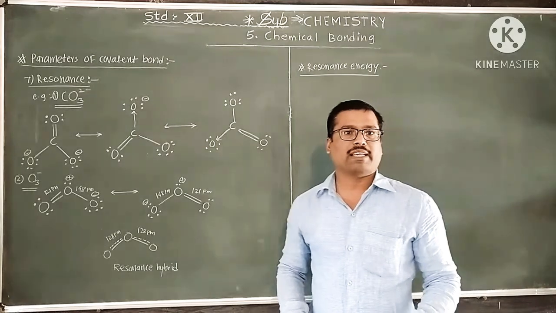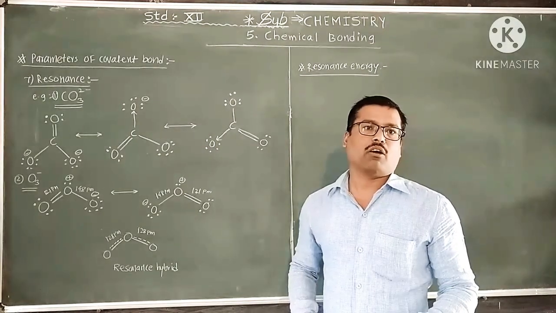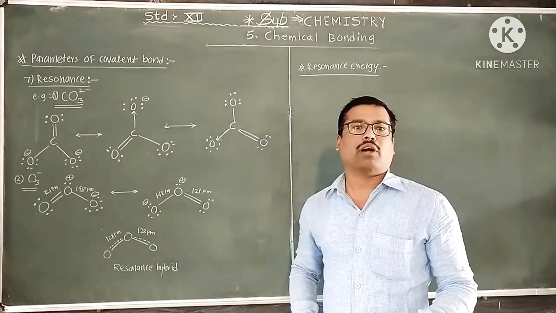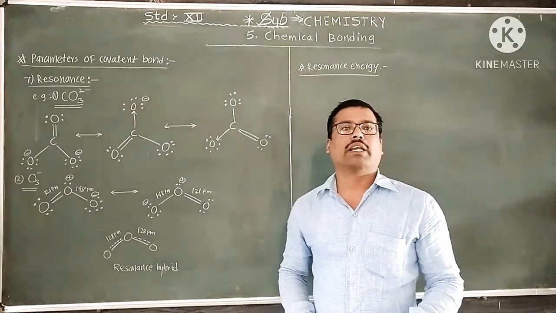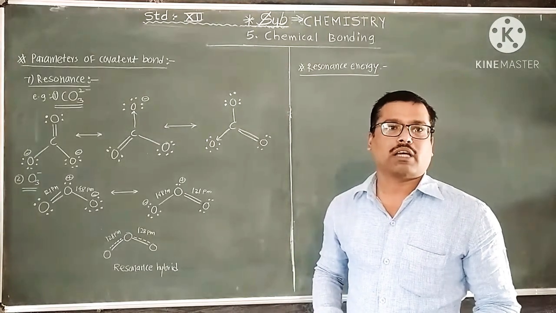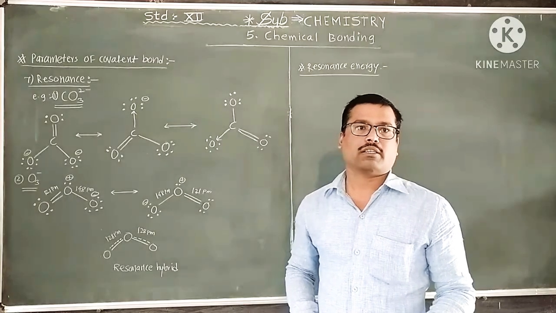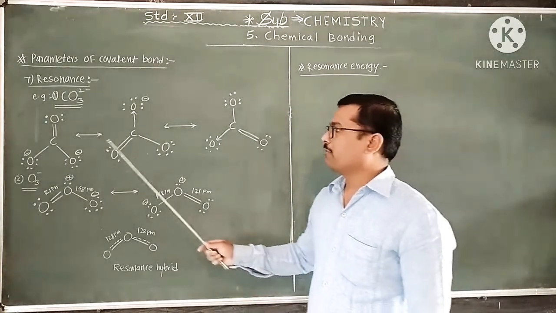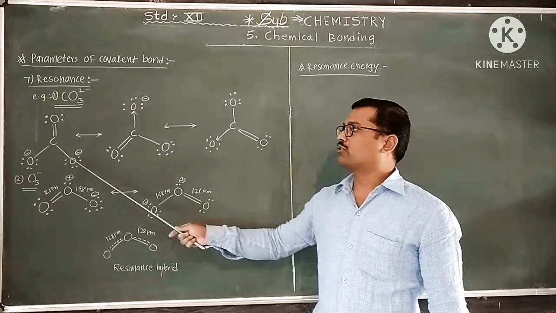Resonance signifies that there is more than one possible arrangement of electrons around the atoms in the molecule, or more than one Lewis structure, and these are called canonical structures or resonating structures.